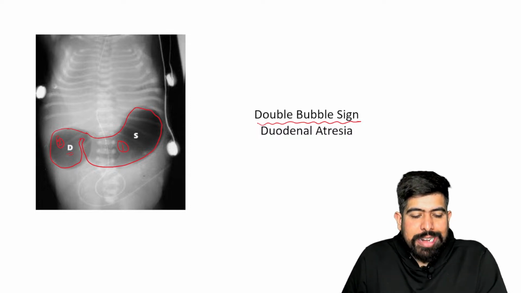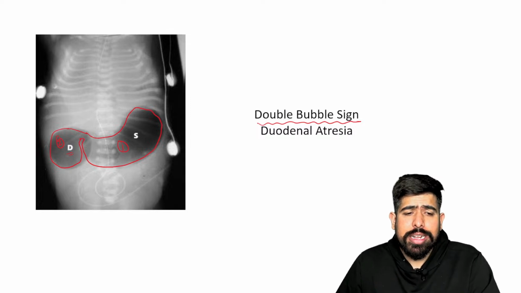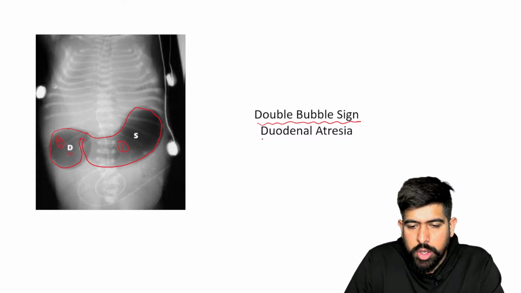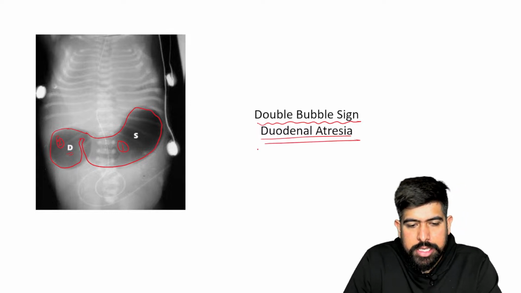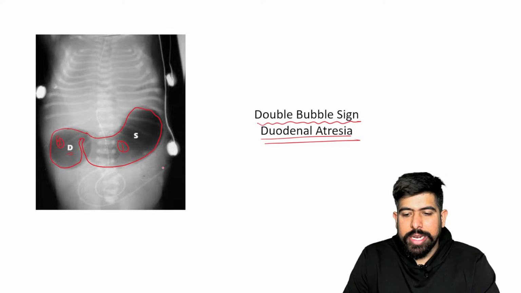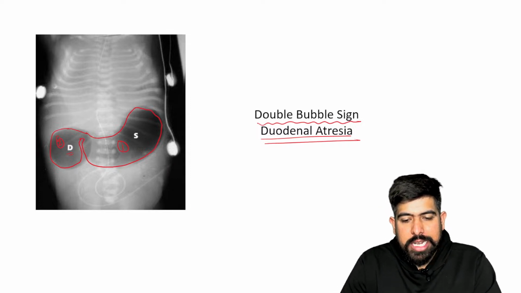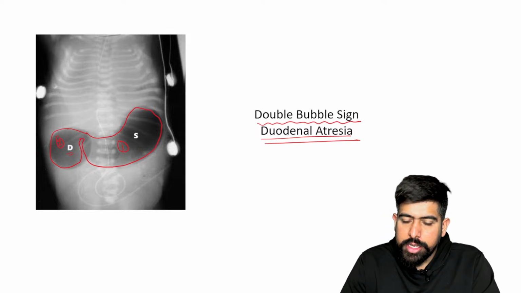So in duodenal atresia, we see the double bubble sign. You can see here the two bubbles, which is the double bubble sign. Is it clear, guys?